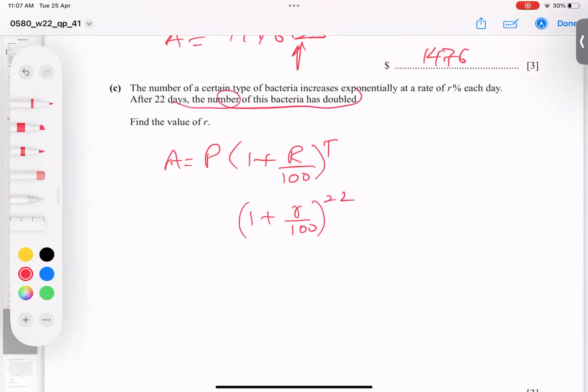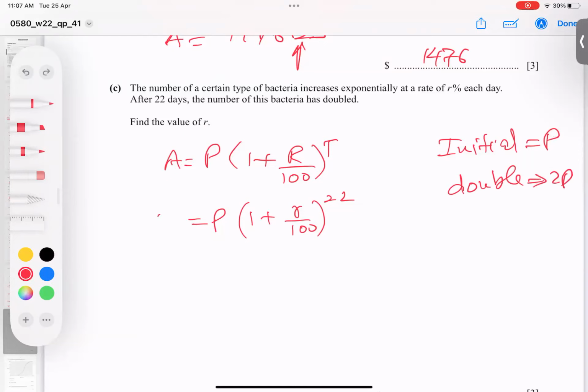The number of bacteria is doubled. What is this called? Initial value. This is after a particular time. But do we have the initial value? No. I will take any value. Let's say P also. If the initial value is P, what is double of that? So double becomes what? 2P. So I'm writing it here because he said it becomes double.